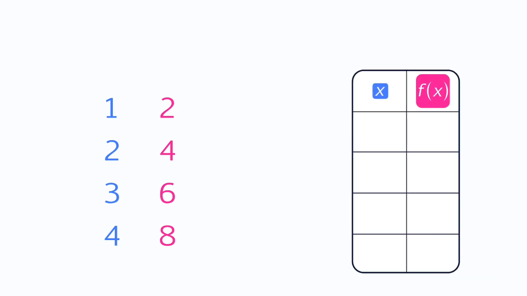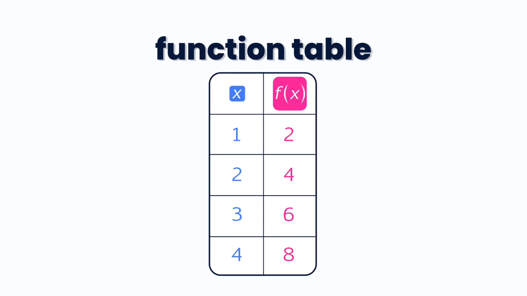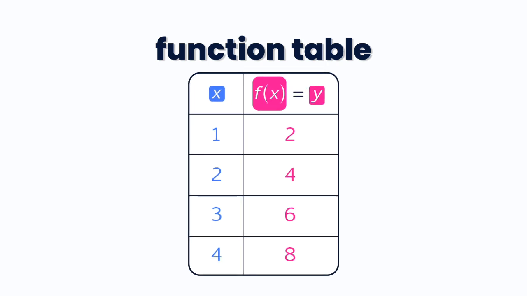Next, you can organize the input values and their corresponding output values into a table, like this. This is a function table, and it's another way of visualizing the relationship between the variables in a function. A function table like this can be used to create a graph, because f of x is actually a y value.